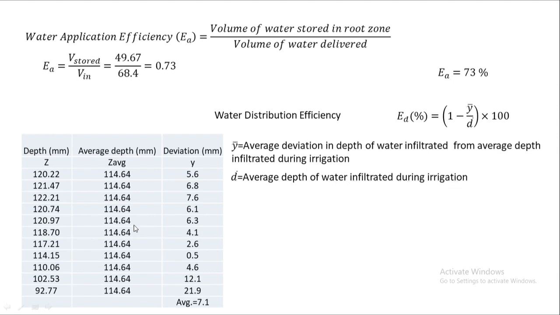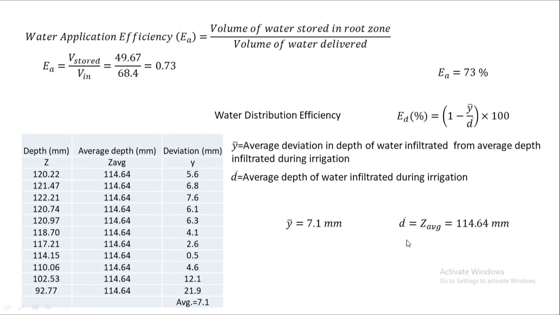Now we already know the average depth. It is 114.64. And average deviation is calculated by subtracting depth from average depth and taking its absolute value. This is the deviation from the average value, and the average deviation is 7.1 millimeters.